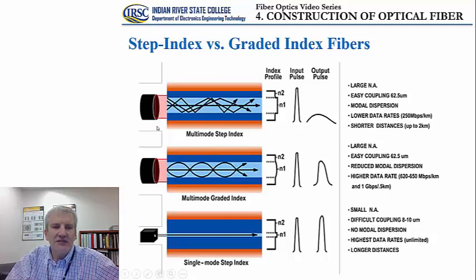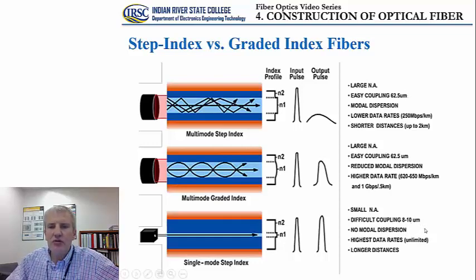So the light source that's being used for multimode fiber is much larger and much cheaper compared to the light source that's being used to couple the light into the single mode fiber. That's basically what has been elaborated on the first two bullet points for each of these fibers.